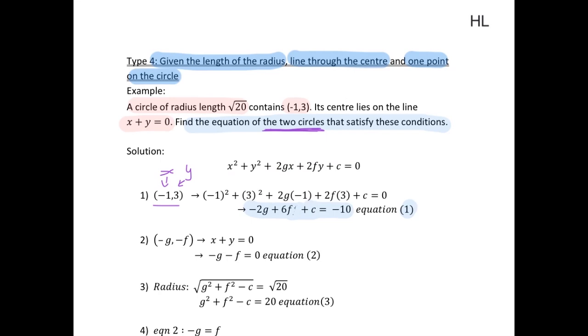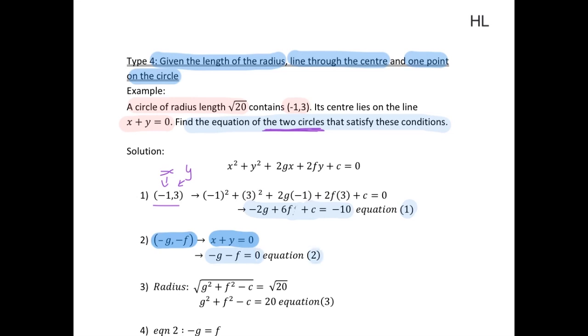Next, we're told that our centre, which we know for equations of this type is (-g, -f), lies on the line x plus y equals 0. So our second equation is -g minus f equals 0, and we'll call that equation 2.